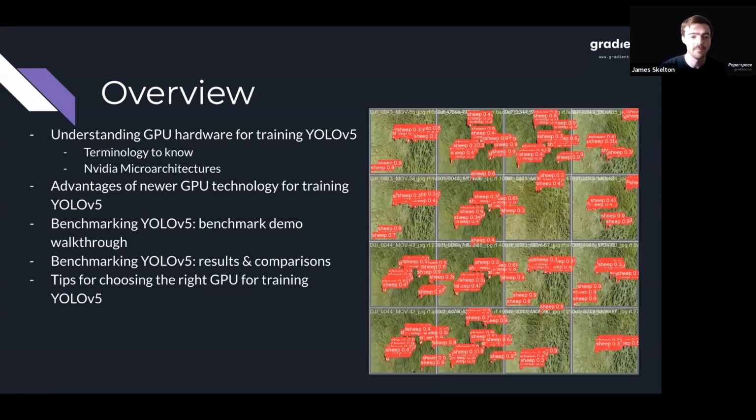We will then move on to talking about the advantages of newer GPU technology for training YOLOv5 before looking at the benchmark demo and code walkthrough. We will then compare our results for the benchmark and then close with some tips for choosing the right GPU for training your own custom YOLOv5 model.